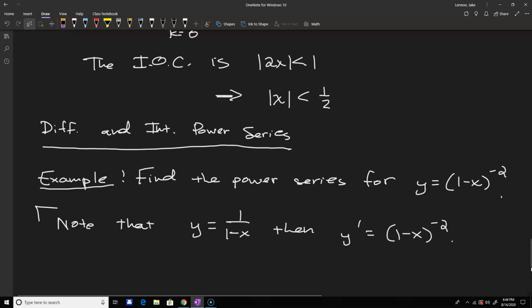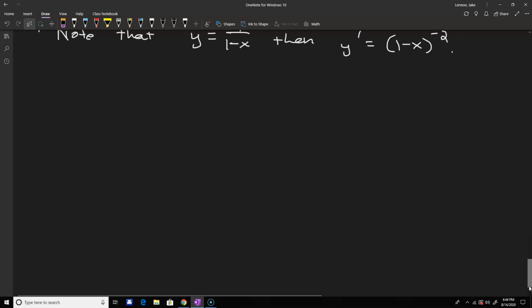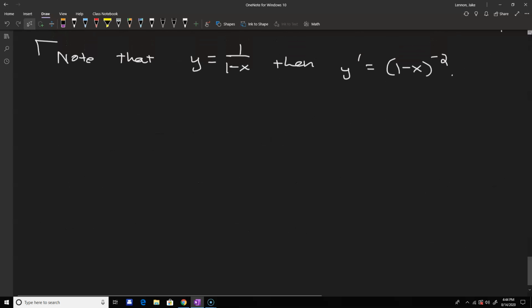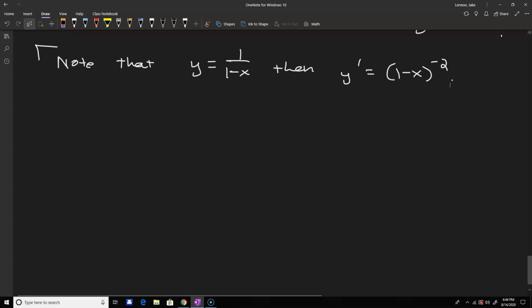So because we know the power series and we know the radius of convergence is absolute value of x less than 1, we can figure out exactly what the power series is and what it converges to. So since y is equal also to 1 plus x plus x squared and so on, the power series for y prime would just be taking the derivatives term by term.